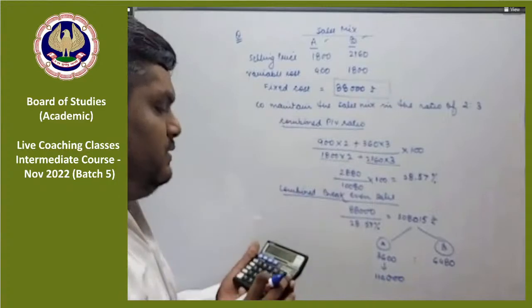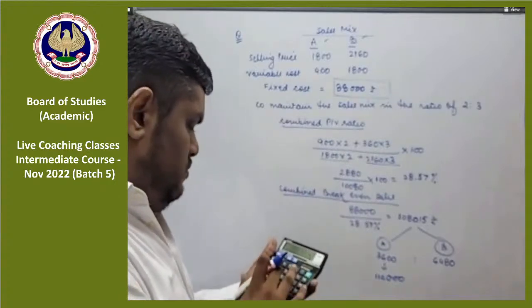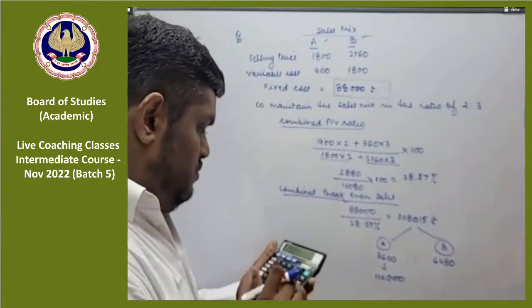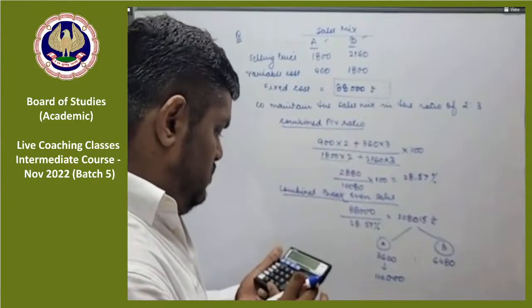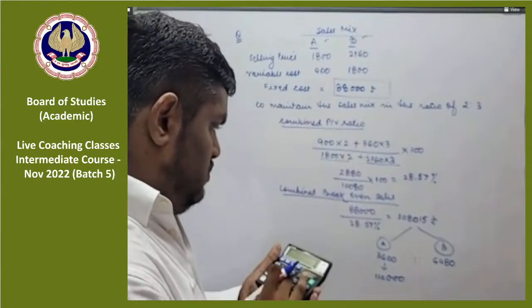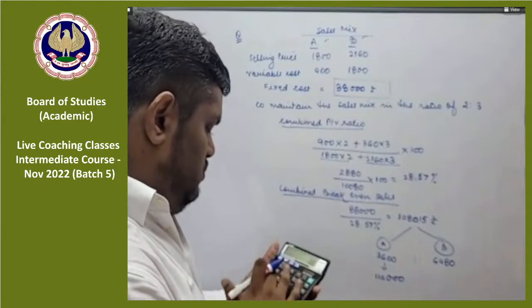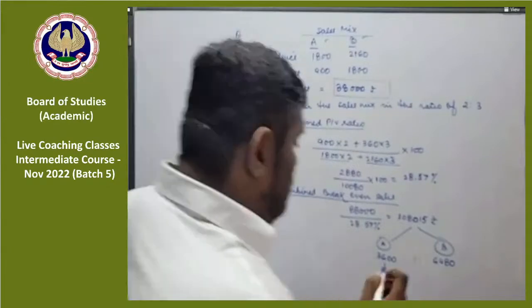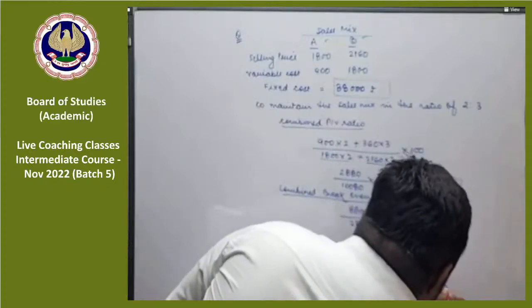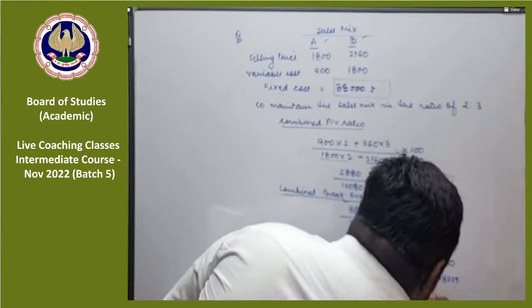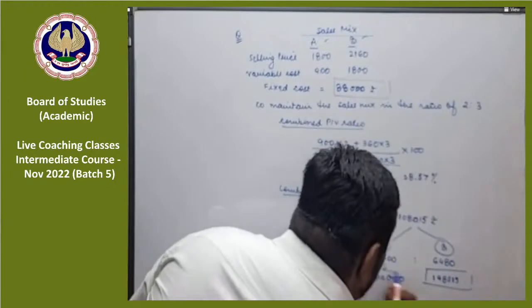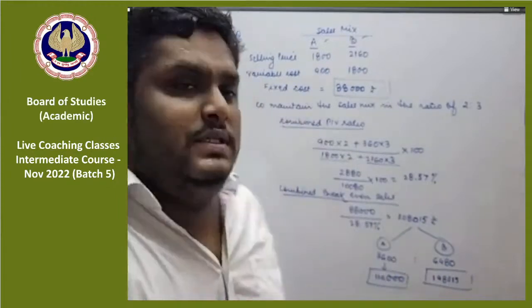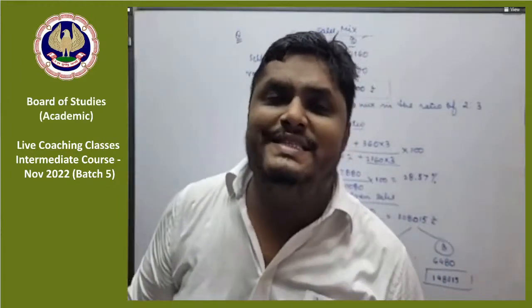So this is how the combined break-even sales is calculated.